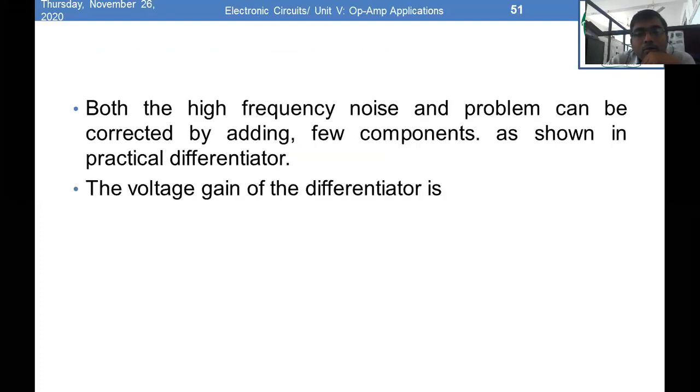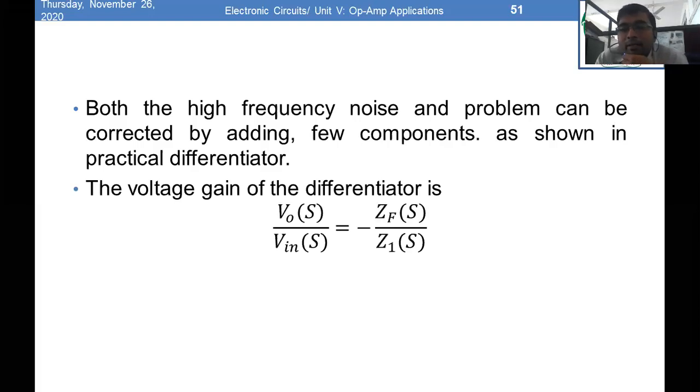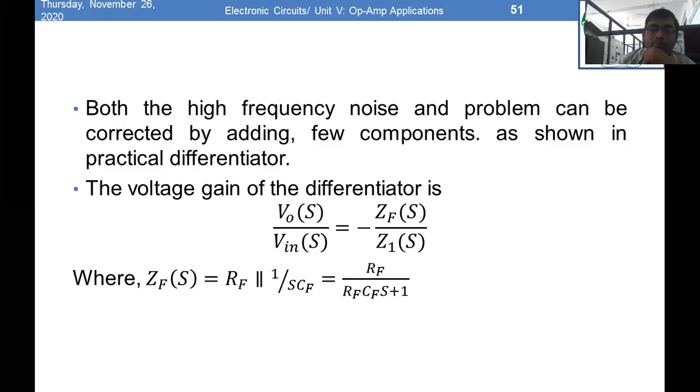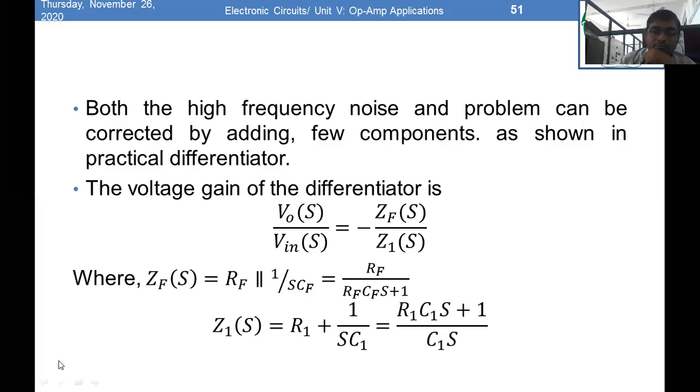Now, the voltage gain of the differentiator, again we write the gain formula in terms of Laplace transform. So it is V0(S) upon Vin(S) is equal to minus ZF(S) upon Z1(S). Here we have to use the term impedance because there is a combination of resistor and capacitor. So ZF is a parallel combination of RF and CF.